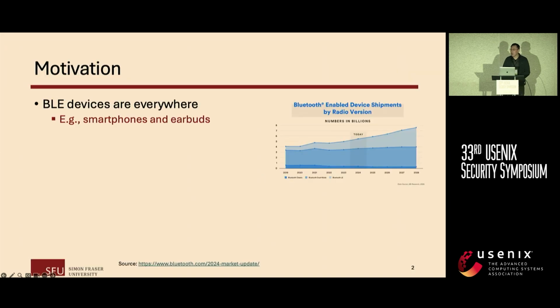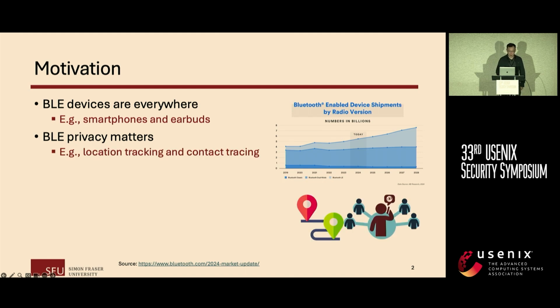So first question someone may ask is, why do we care about persistent Bluetooth Low Energy? The answer is simple, because it's everywhere. It's enabled in almost every smartphone, and it's widely used in the Airbus. It's also widely used in privacy-sensitive scenarios like location tracking and contact tracing during the COVID-19 pandemic.